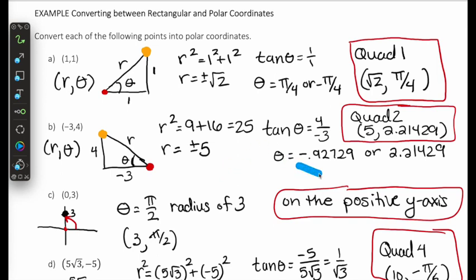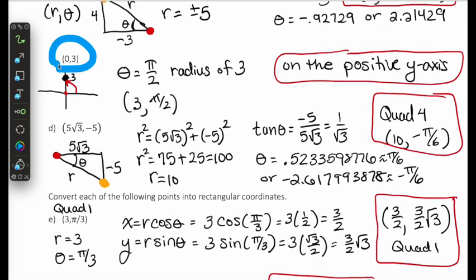So that is definitely not this angle. This angle opens up and will land me in the fourth quadrant. So I want to make sure I choose this angle. And so I'm going to swing open this way, 2.21429, and then I'm going to come out 5. So here is our polar coordinates for our Cartesian coordinates, negative 3, 4.